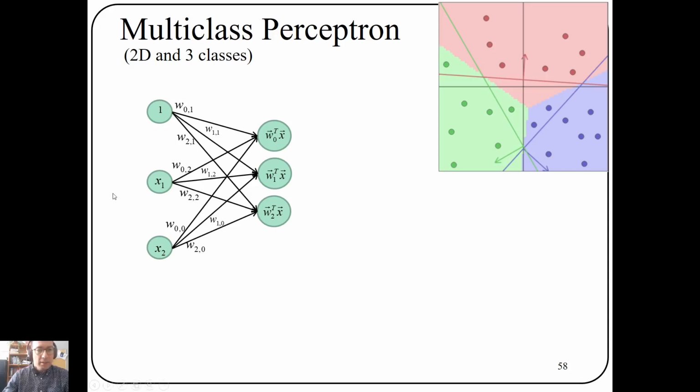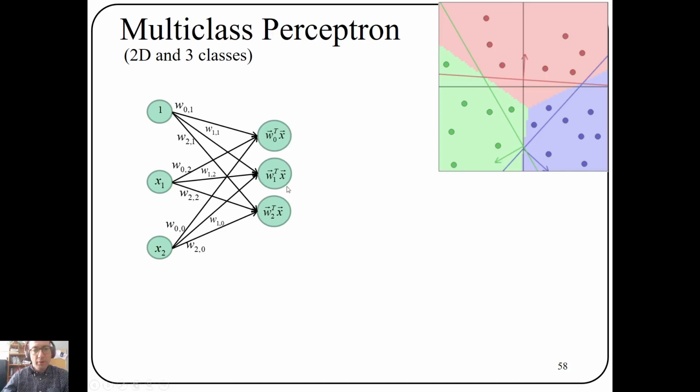Now, in this case, we have a very simple multi-class, or three-class, linear perceptron, where on the left we have the input data: one for the bias, and x1, x2, with x1 being the body temperature and x2 the cardiac frequency. Each of those neurons, which for now do not have any activation function, embodies the dot product, and as I've mentioned before, the dot product is the equation of a line.